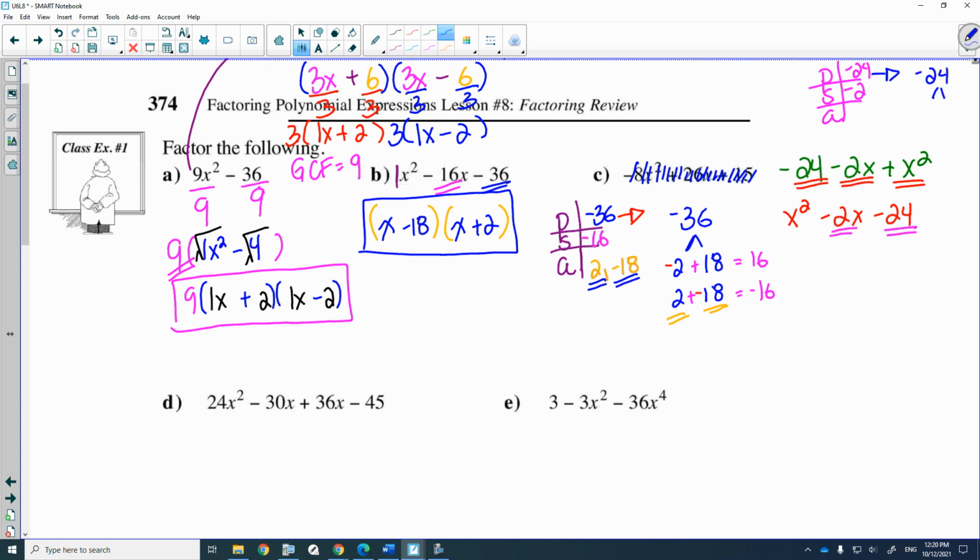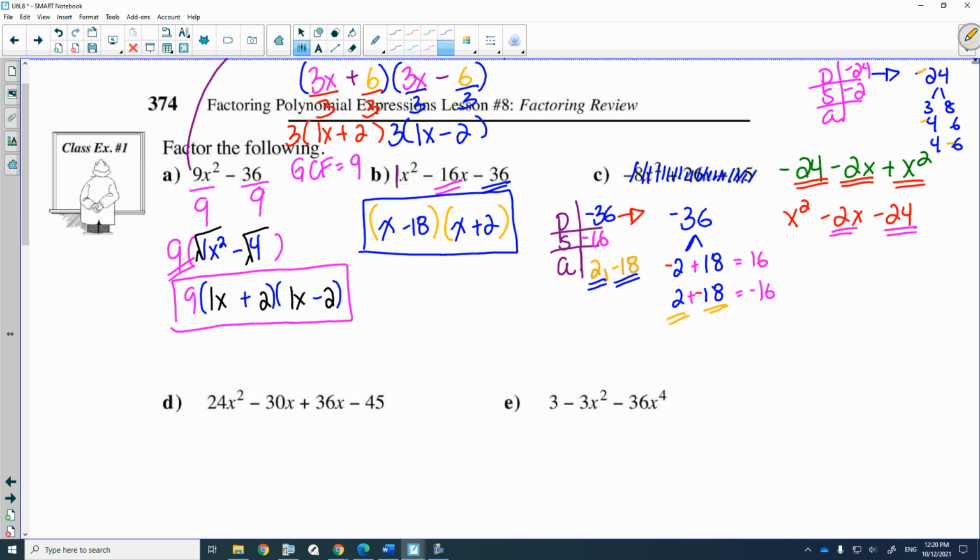So again, 1 in 24, 2 in 12. What's 24 divided by 3? 3 and 8, so I'll write that, even though that's not going to be it. What's 24 divided by 4? 4 and 6. Okay, so you say you got to get a negative 24.